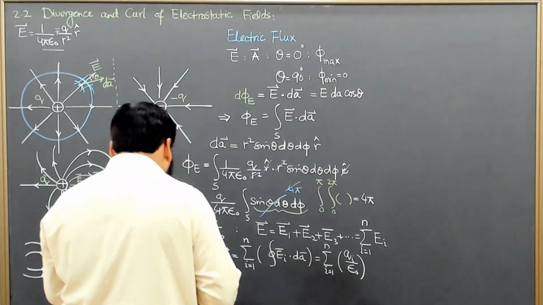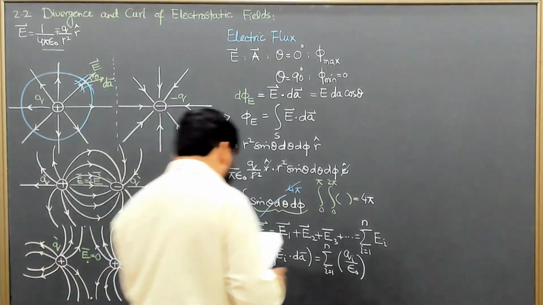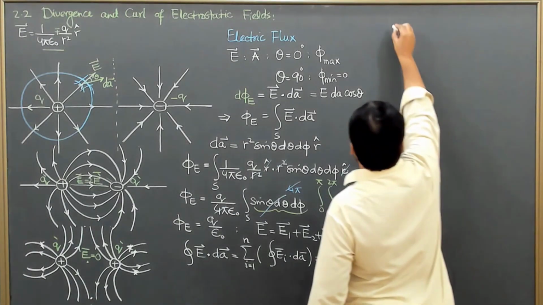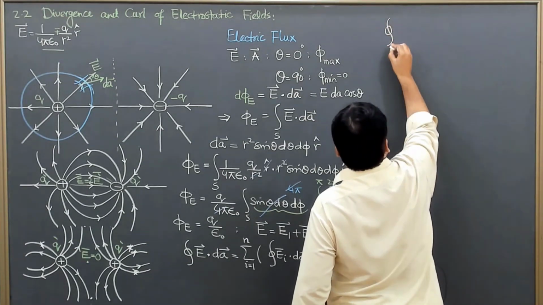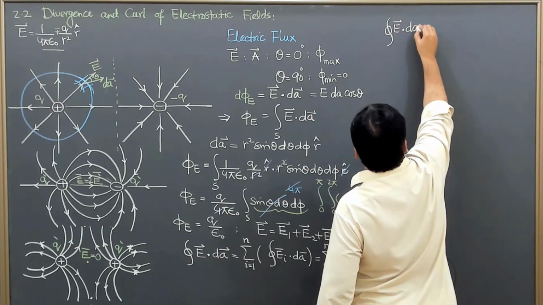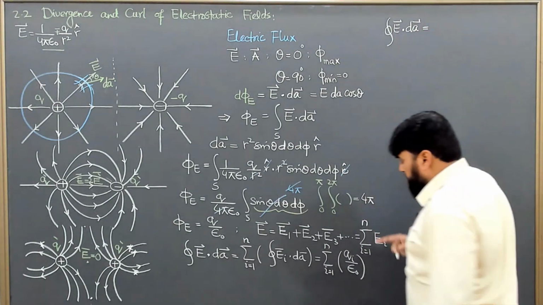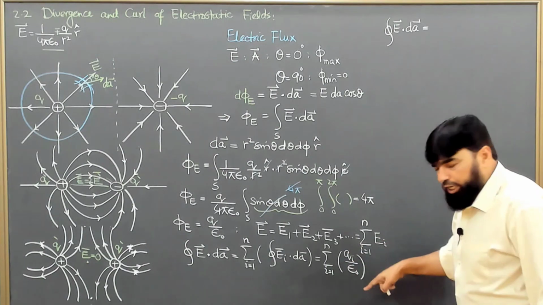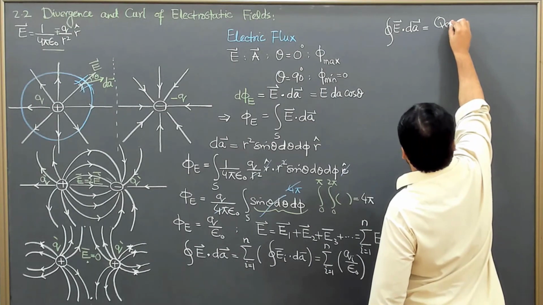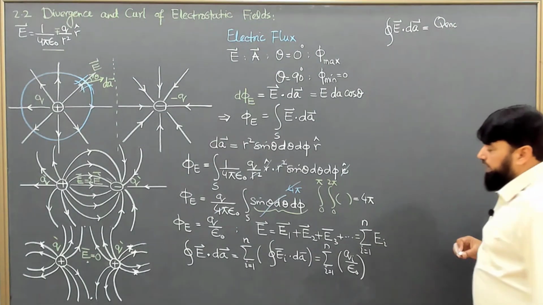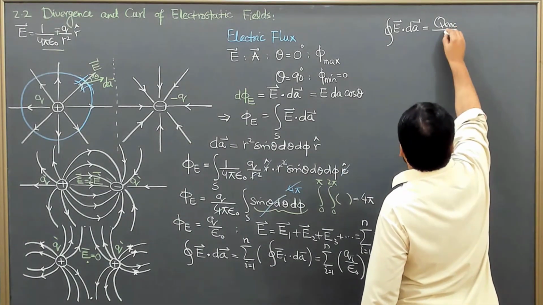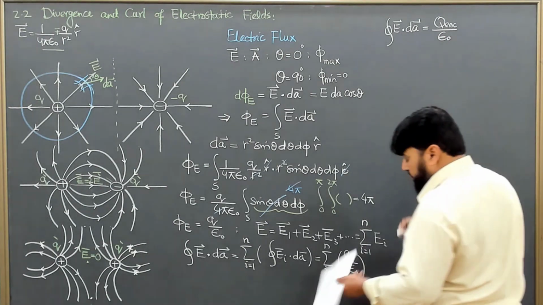And I can then write from here that the integral of E dot dA on a closed surface is equal to the total charge enclosed, and I write this as capital Q, enclosed, or inside the sphere, over epsilon naught.